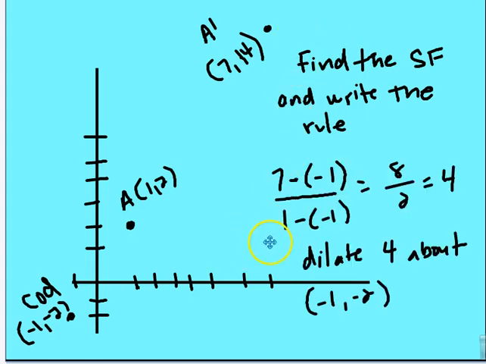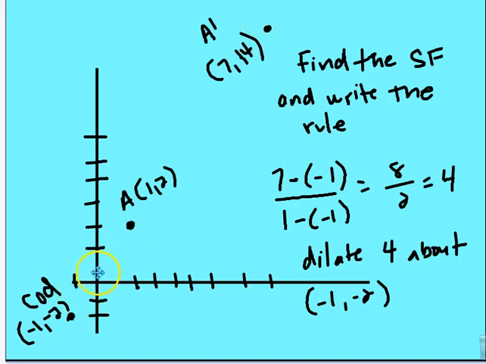All right, so now because we're multiplying both the distances for x and y, we only need to consider either x or y when we're evaluating what the scale factor is. So let me tell you what I mean. All right, so I'm going to take just the x values, the distance on the x coordinate from A prime to the center of dilation. So 7 minus -1 leaves me with 8 units here along the horizontal axis, x-axis, to A prime.